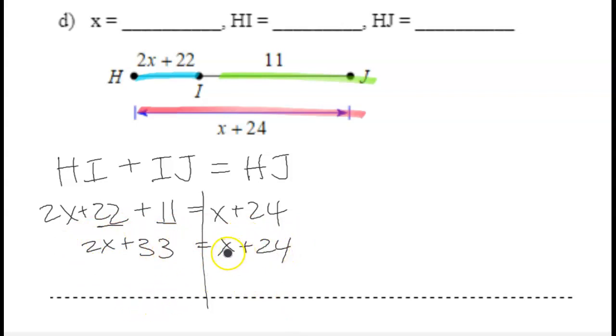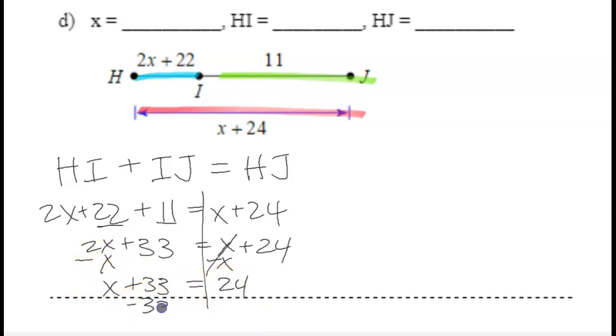I choose which way to move my variables. Typically I subtract the smaller one from the bigger one. So I'm going to do that here, keeping things positive. So I'm moving it from this side, and 2x minus x is x. x plus 33 equals 24.